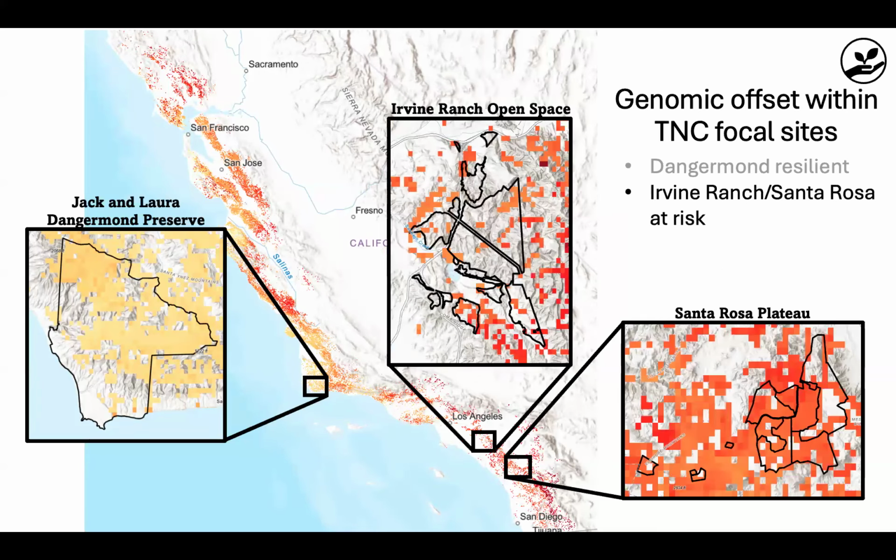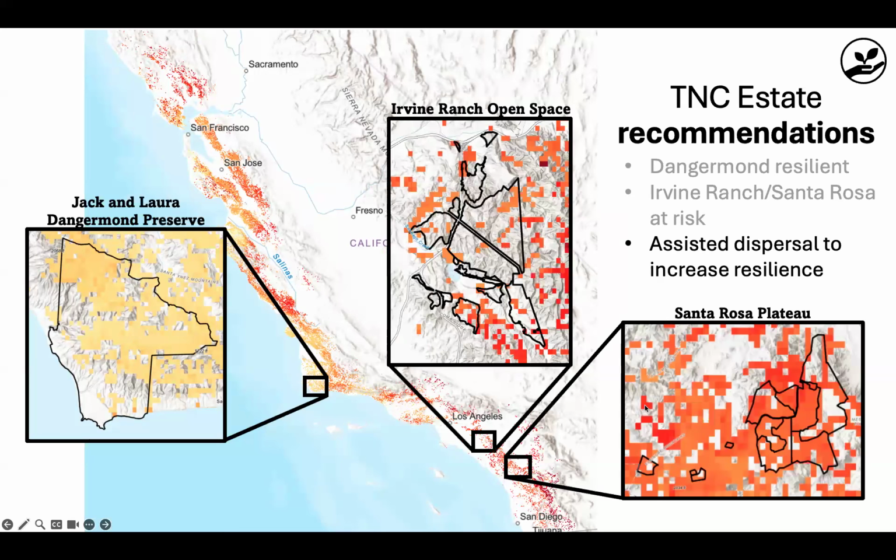But if you compare it to the other 2 focal sites, Irvine Ranch and Santa Rosa, these seem to be at risk. So our recommendations would be something like doing assisted dispersal or taking seeds from either within the range or outside of the range to increase the site resilience in both of them. And then Irvine Ranch has lower tree coverage, so you might want to even increase tree coverage there.